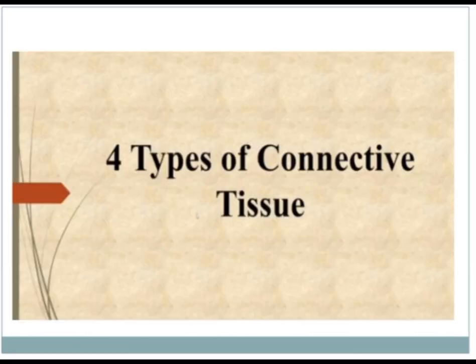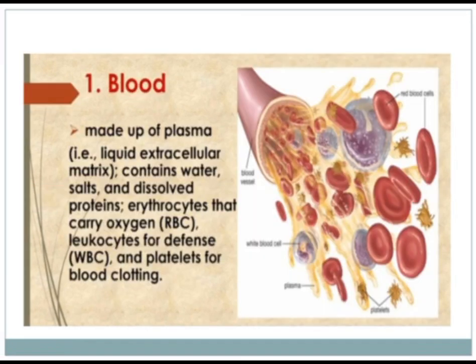We have four types of connective tissue. Number 1 is blood. Ang ating dugo, kahit yan ay isang patak ng dugo, ay binubuo po ng iba't ibang blood cells. Meron po itong plasma. Ito po yung liquid extracellular matrix na nagko-contain po ng water, salts, and dissolved proteins.